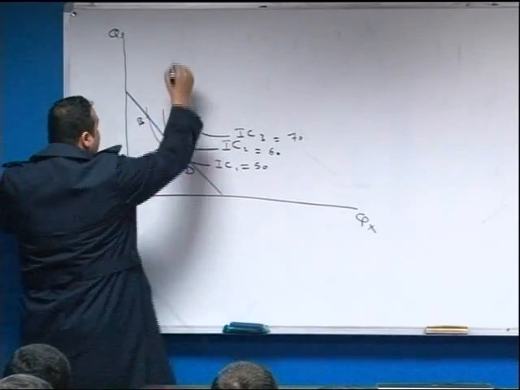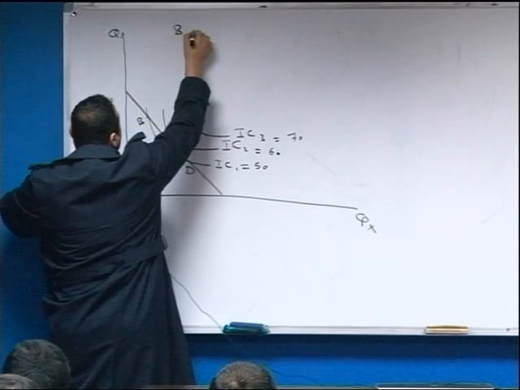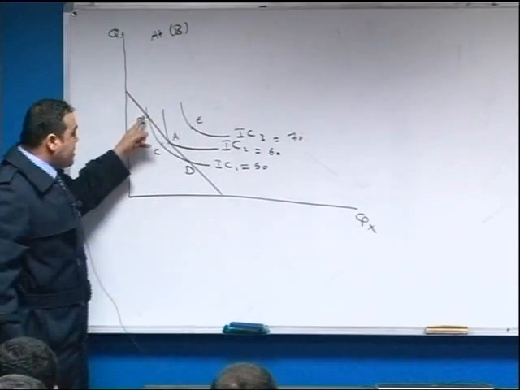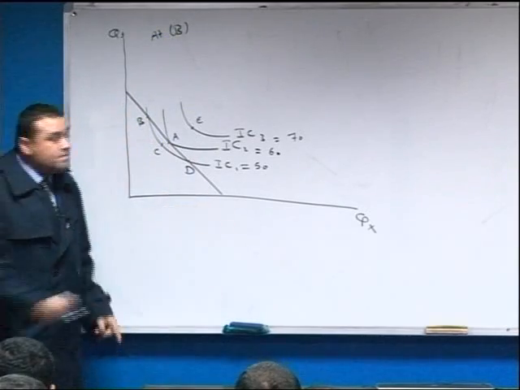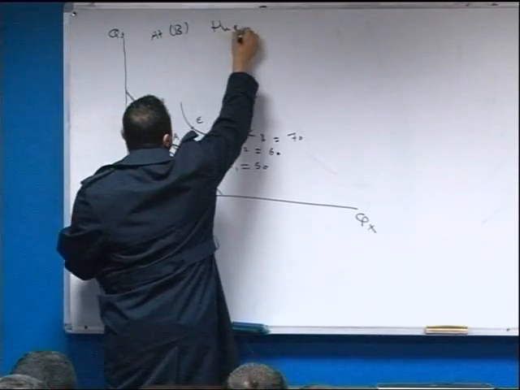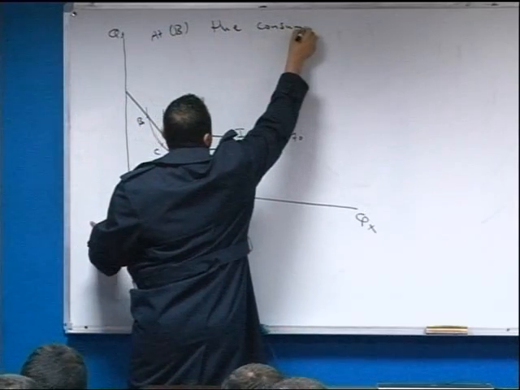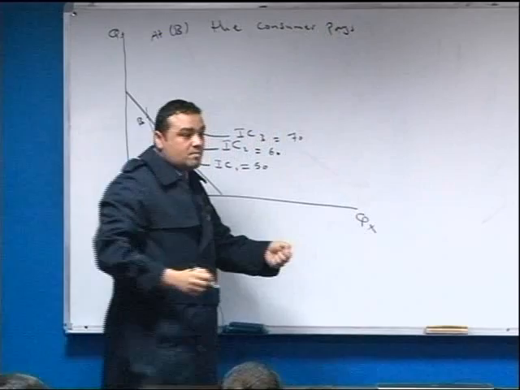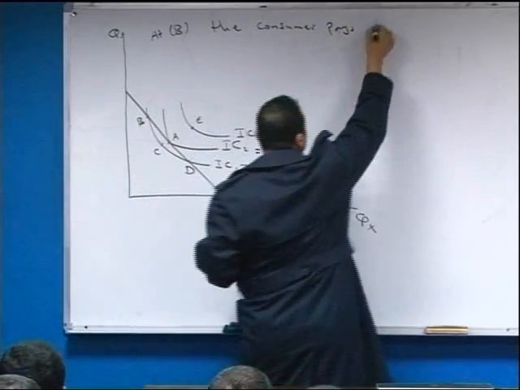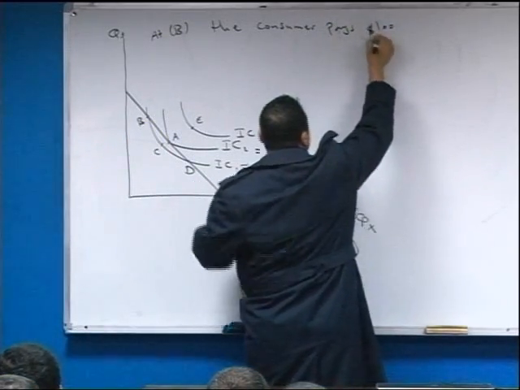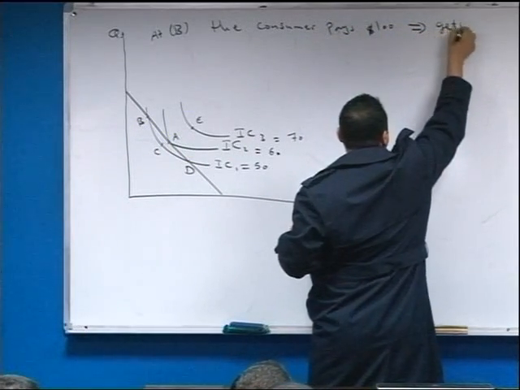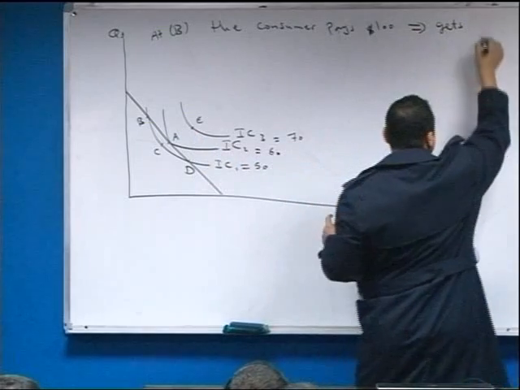So at point B, the consumer spends $100 and he gets 50 utils.